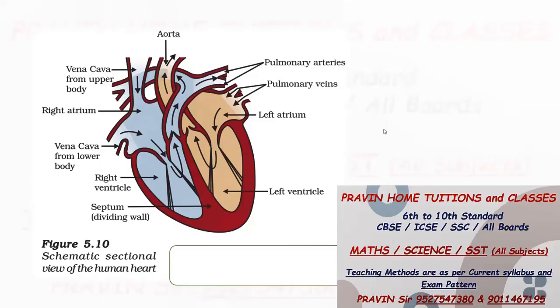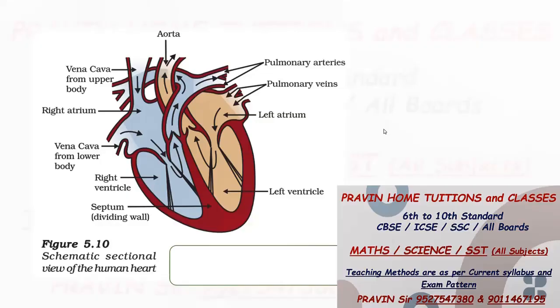Now, oxygen rich blood from the lung comes to the left atrium. After this, the left atrium relaxes and blood is transferred to the left ventricle. The contraction of the left ventricle takes place and blood is pumped and circulated to all parts of the body.